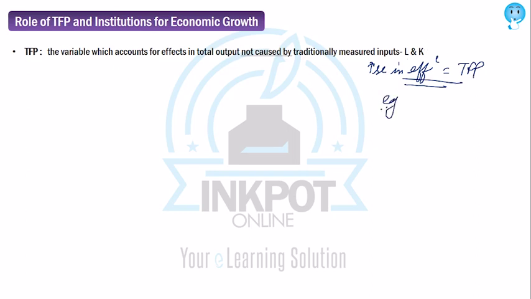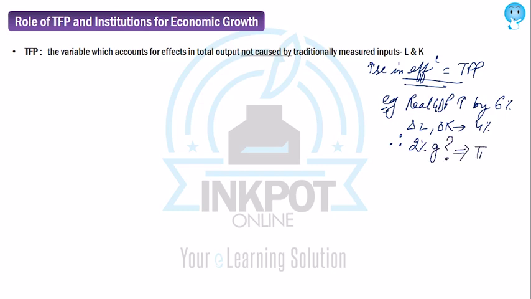Let's take an example. If your real GDP grows by 6%, and change in labor and change in capital contribute to 4%, therefore the 2% growth is coming from your TFP.